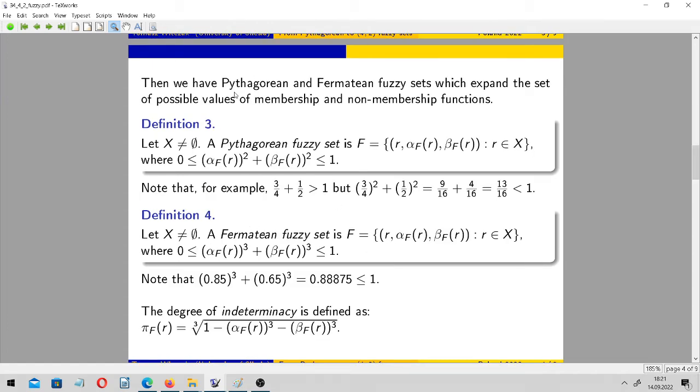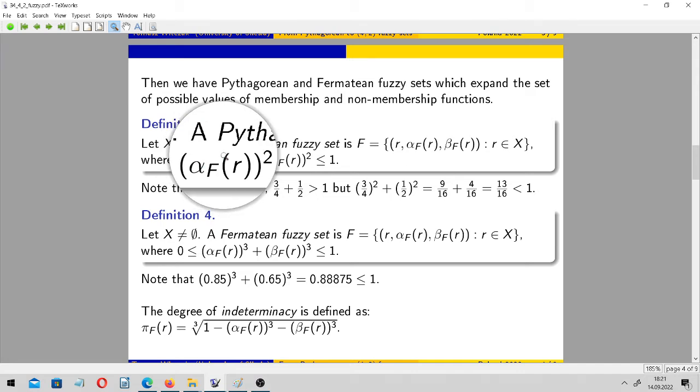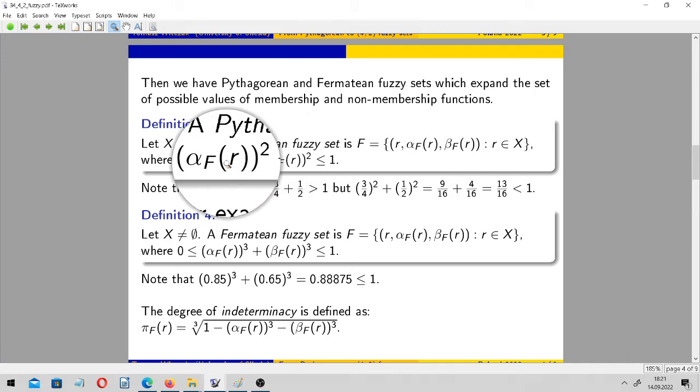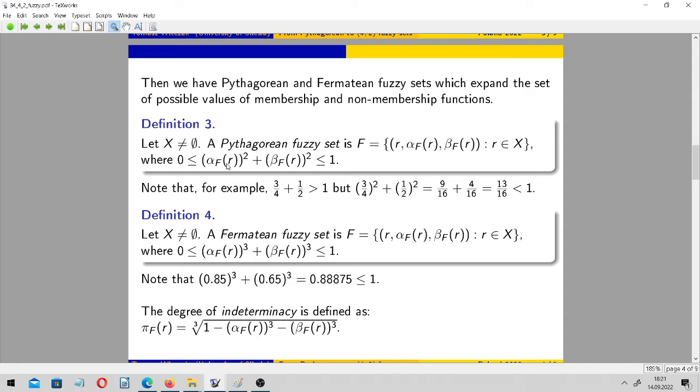Because we have Pythagorean and Fermatean fuzzy sets, and they expand this set of possible values of membership and non-membership functions. Why is that so? Check the idea of Pythagorean fuzzy set. Instead of the sum of alpha and beta, we have the sum of their squares, like in the Pythagorean theorem. Alpha square plus beta square is not bigger than 1.